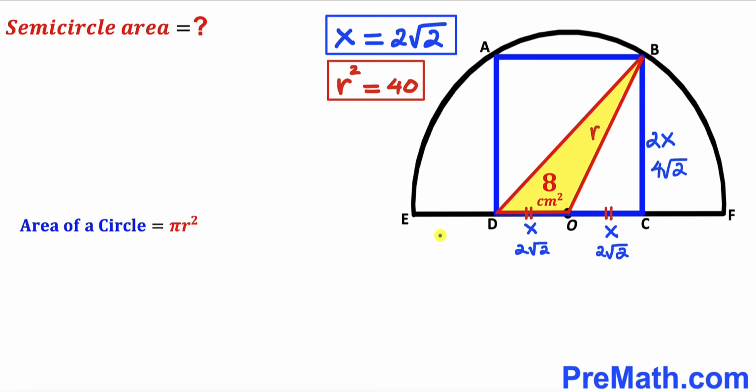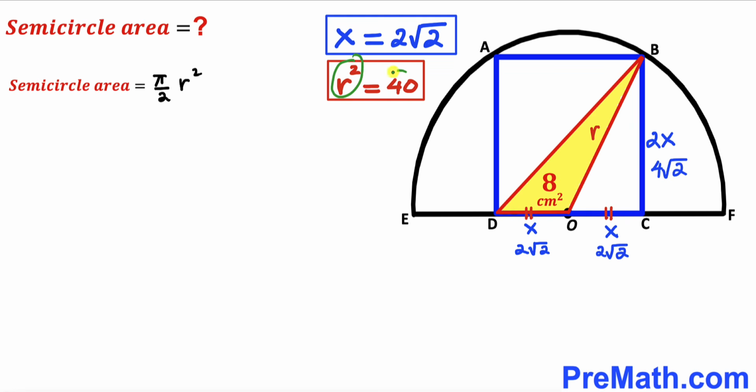And since we are dealing with this semicircle, the semicircle area is going to be simply pi divided by 2 times r square. And we already figured out our r square value as 40. So I'm going to substitute that value 40 over here.